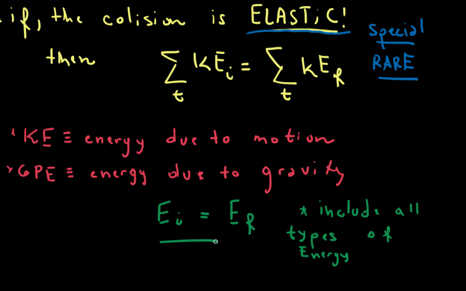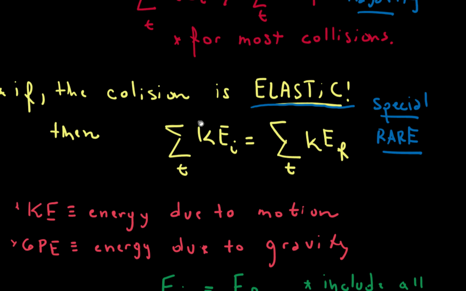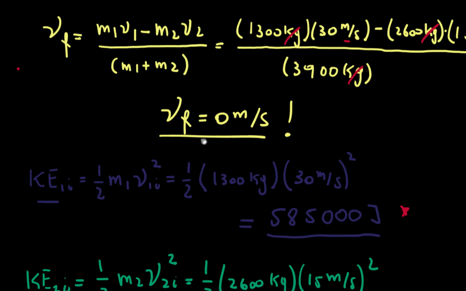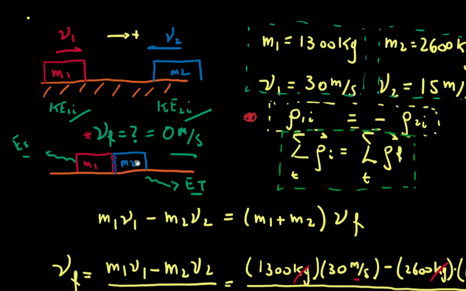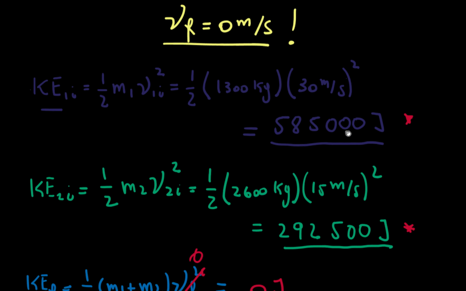So if somehow you could go back and count, let's go back to our collision real quick. If you could count all the energy terms out of here, say the energy due to sound, and if you could keep track of the energy lost to thermal interaction, then you will find that the energy lost to sound, the energy lost to thermal interactions, and all the other energies will be equal to precisely 1,000,000 joules, which is the amount of energy that we lost to motion.